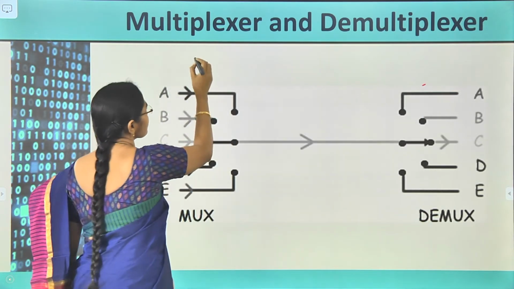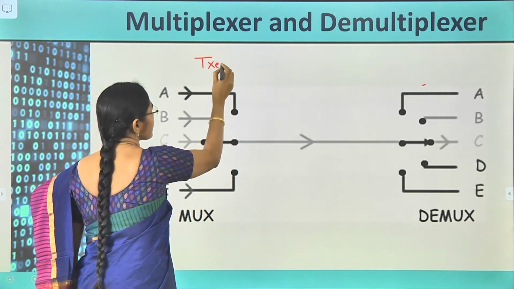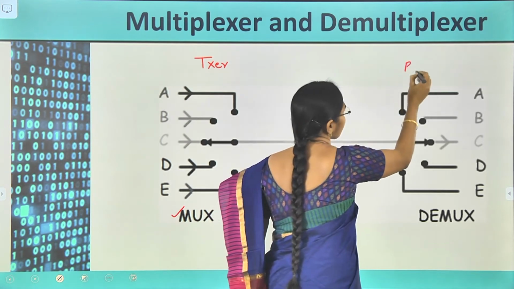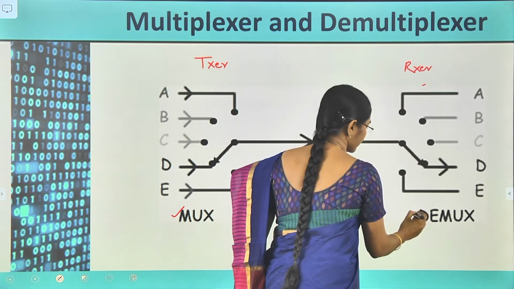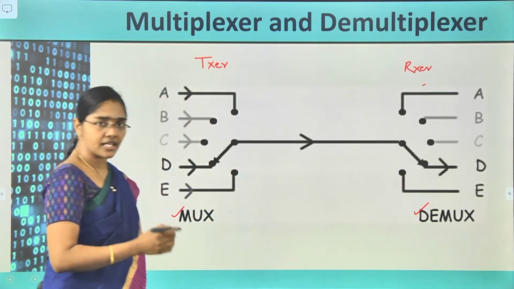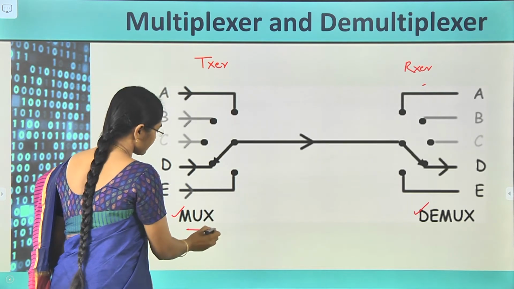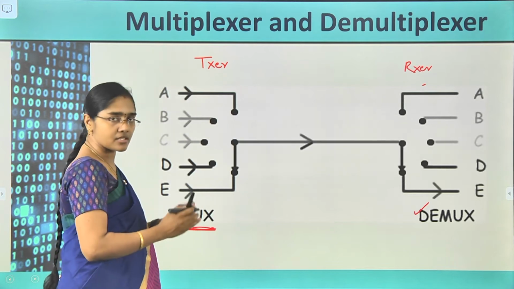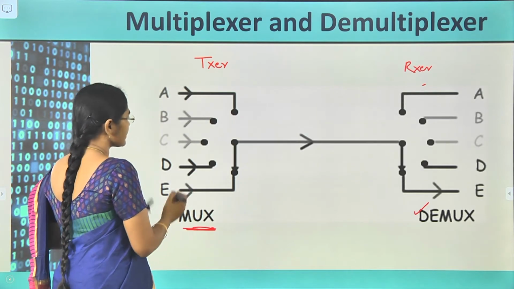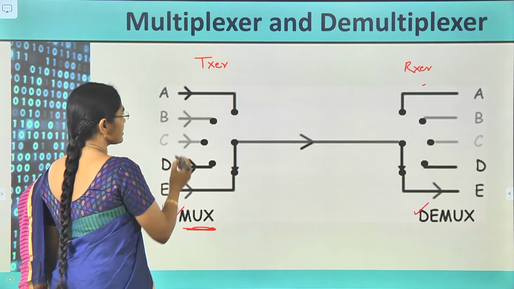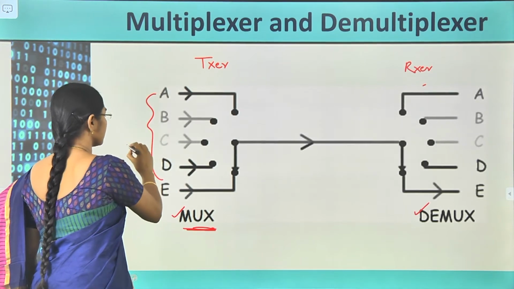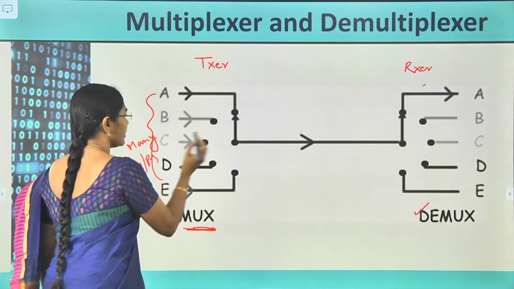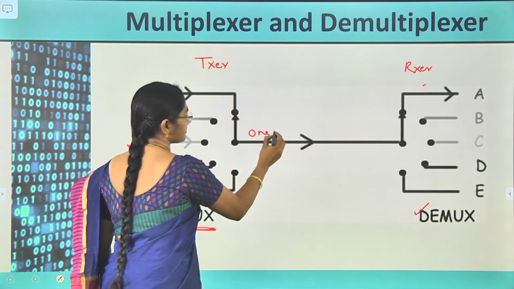Actually, in our communication systems, at the transmitter side, multiplexer will be used and at the receiver side, demultiplexer will be used. And in the last lecture, the designing of the multiplexer was completed. And multiplexer is what? This multiplexer is taking many inputs and giving only one output.